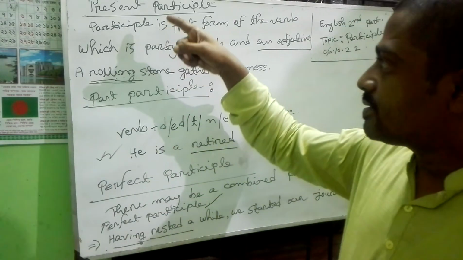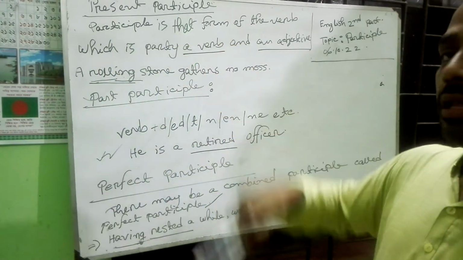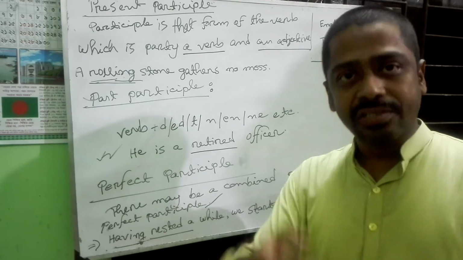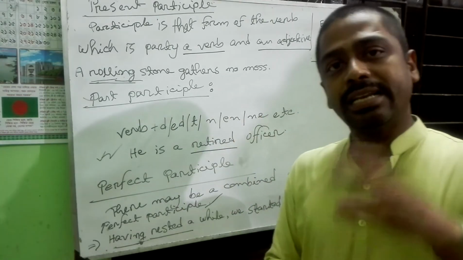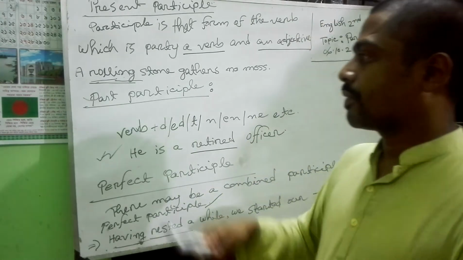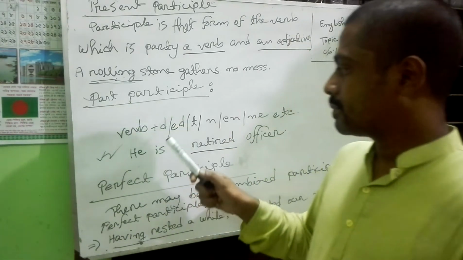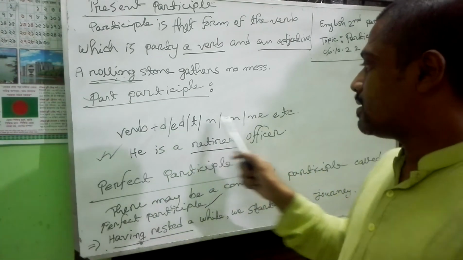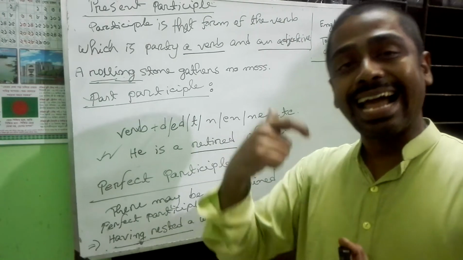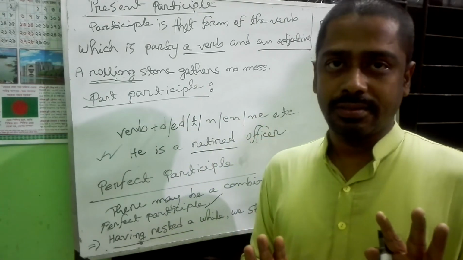So these are the three kinds of participle. Number one, present participle: the main form of the verb plus ing, and it acts like a verb and an adjective. Clear? Number two, past participle: after the verb, these signs are added, and it acts like a verb and an adjective.